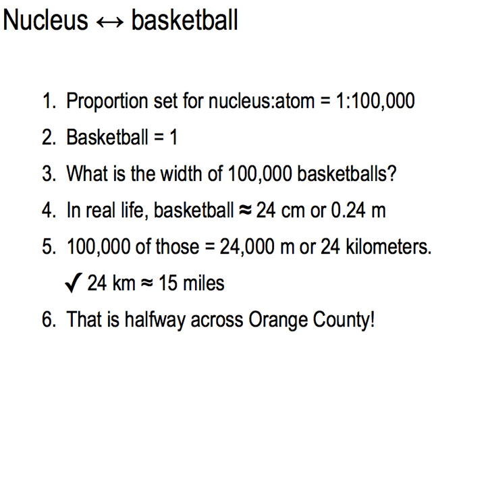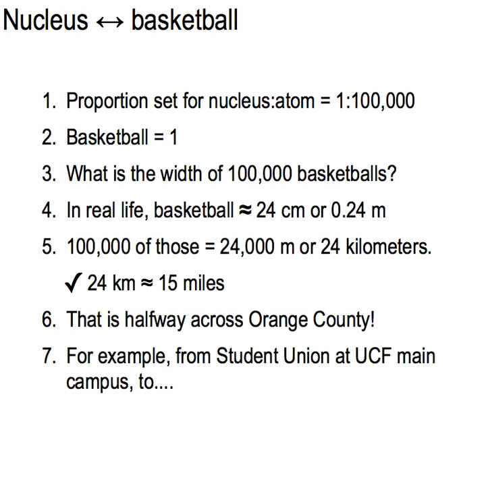So what we're trying to look at here is, if you say that the nucleus is about 1/100,000th of the size of an atom, that means that if the basketball were the nucleus, the atom itself would be halfway across Orange County. Now let's work on an example of that, and we'll get down to some brass tacks.